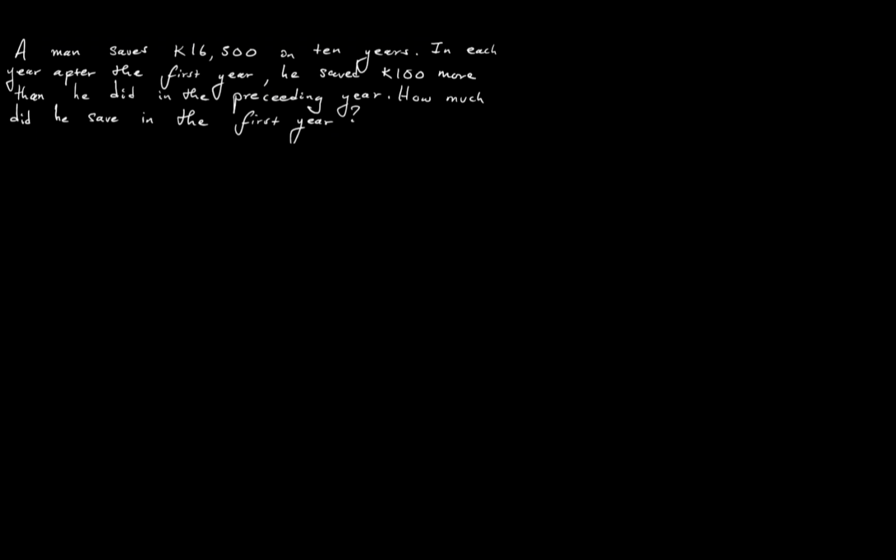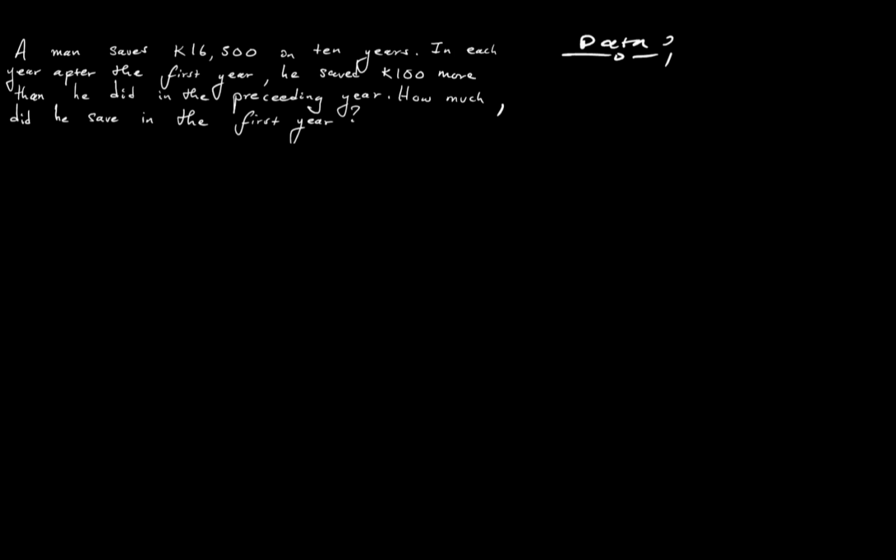Alright, so when it comes to application problems, the most important thing to do is to understand the question. Let's try to analyze the data that is present in the question. We need to understand that this man saves 16,500 kwacha. That's the total amount of money saved.